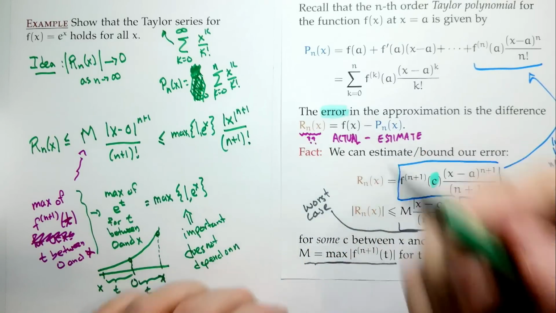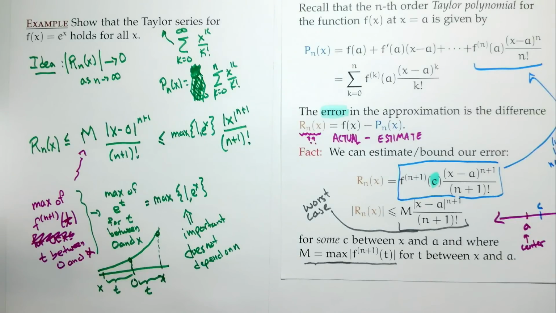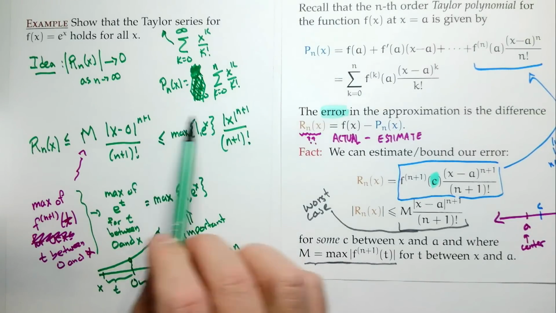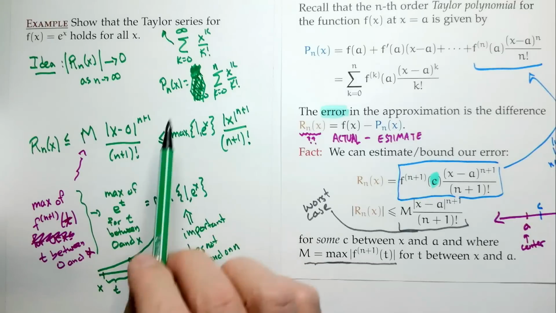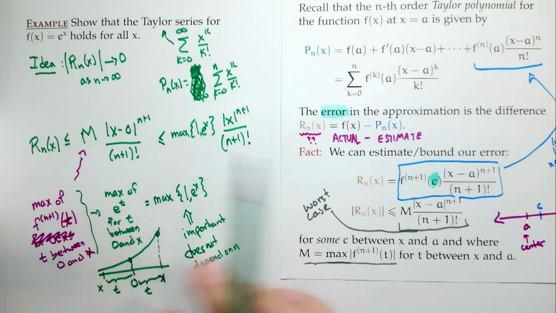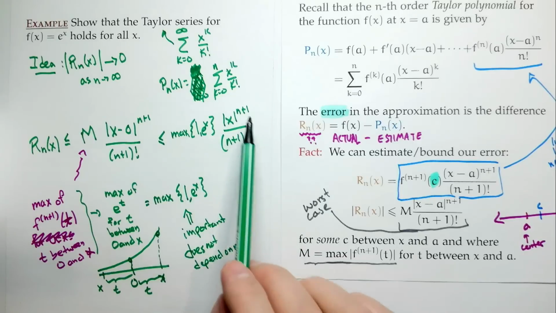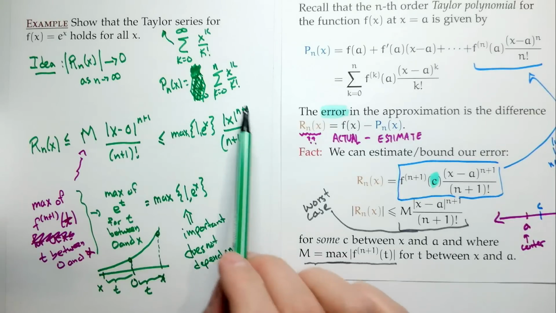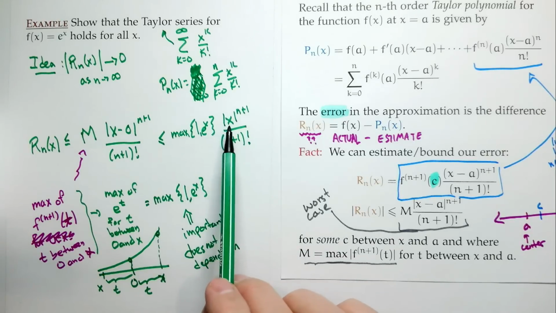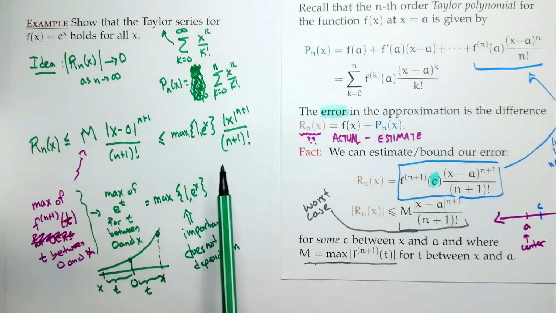And now the big question. The first part doesn't depend on n, and I want to ask what happens as n goes to infinity. Okay, so that doesn't matter. In the second part, I have in the numerator an exponential function, something to the nth power. In the denominator, I have n plus 1 factorial.